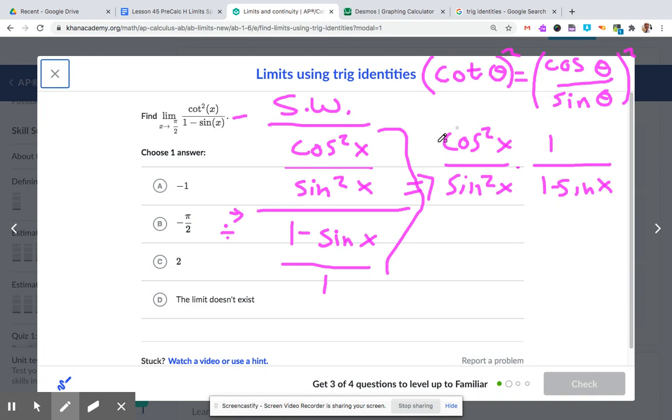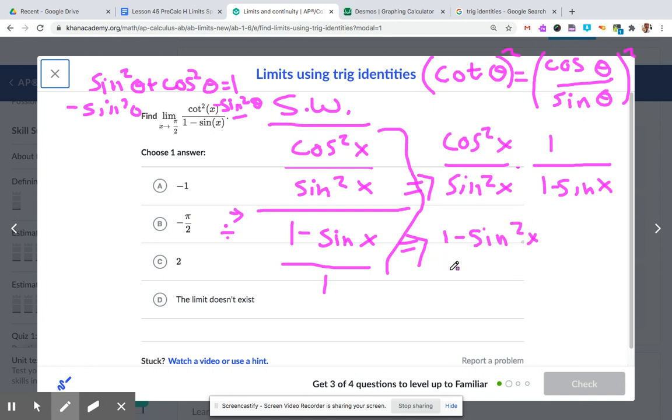So cosine squared of theta is equal to 1 minus sine squared of theta. All right, so that now becomes 1 minus sine squared of x on top.